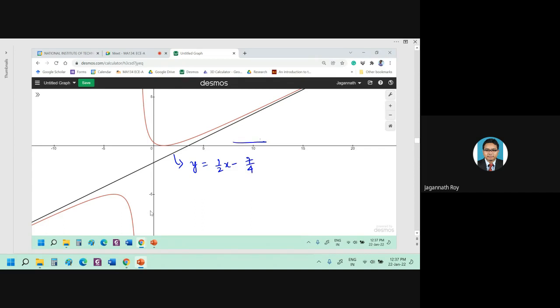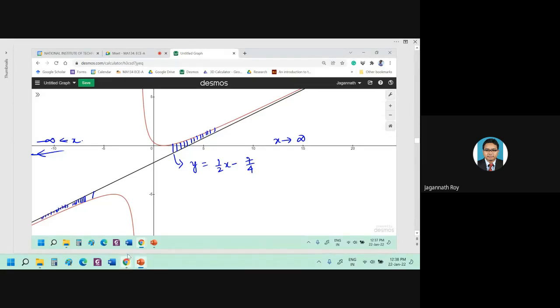So if you go as x tends to infinity, and x tends to minus infinity, then the distance is actually getting less and less. It is tending to 0. So here also, if you go in this direction, the distance between the line and the curve is decreasing.